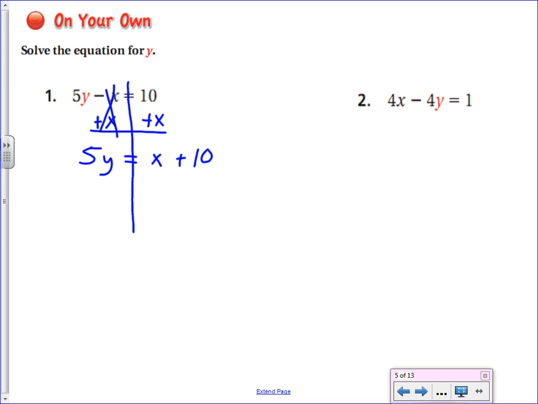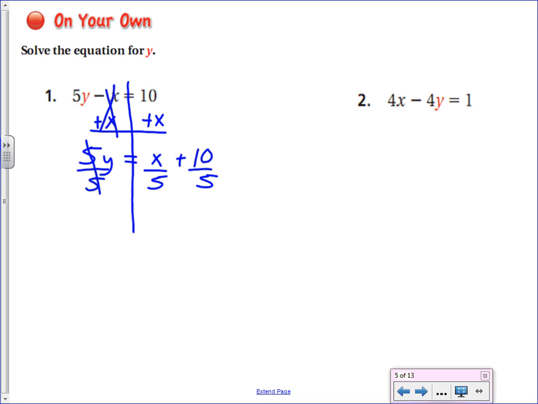Now I have 5y, which is a multiplication problem, and again, I'm going to divide everything by 5. So when I divide everything by 5, it simplifies down. If you recall on the last example, I did not do that. Remember, we divided the whole thing, but that was because my base or my denominator was a variable.